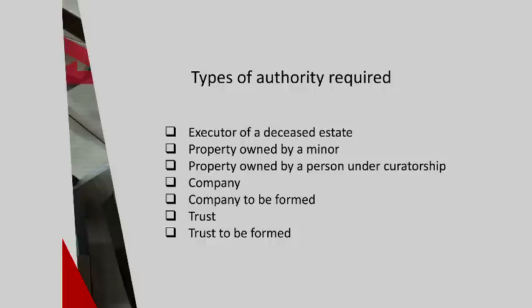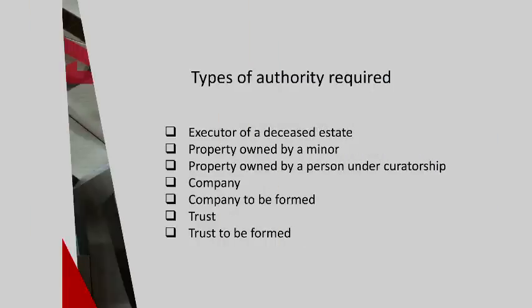Can a person enter into an agreement on behalf of a company to be formed? Yes, you can. But the rule states that that company has to ratify that agreement within 3 months of its formation. However, if they don't expressly ratify that agreement, then it's presumed that they in fact did. Okay, so that's a safe one.